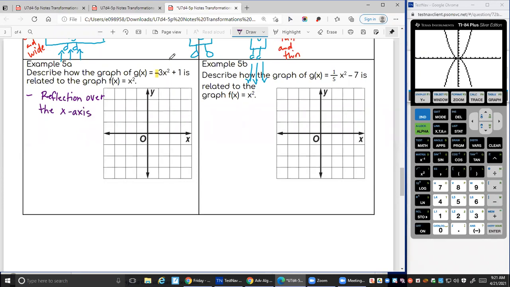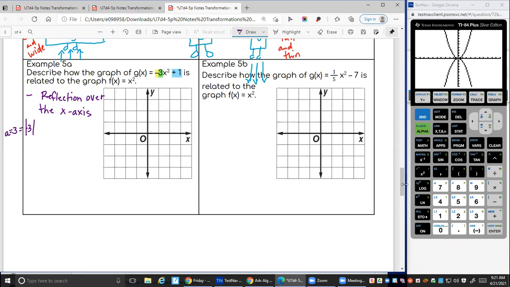Okay. There's another part of this, the 3. And then there's another number here, +1. Okay. So right here, the absolute value of -3 is 3. This is our value for A. Okay.